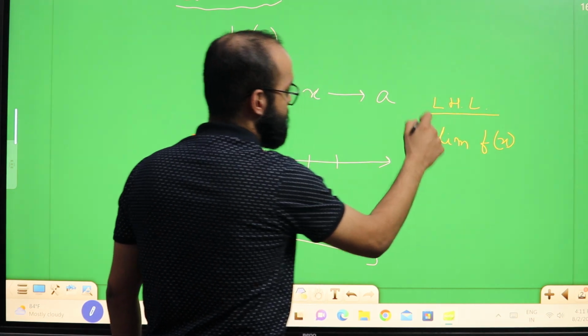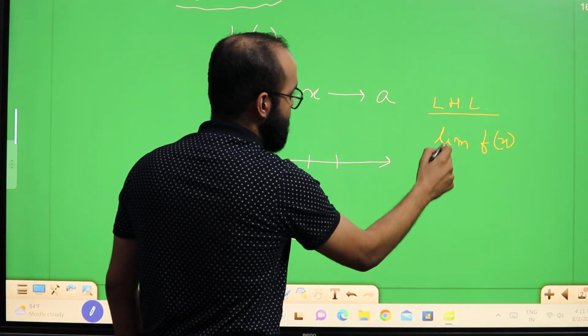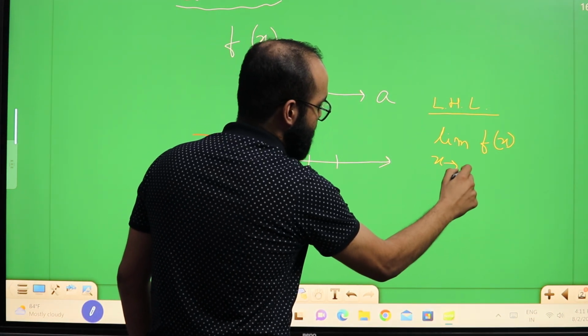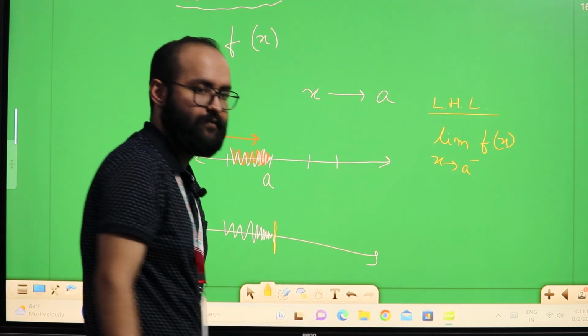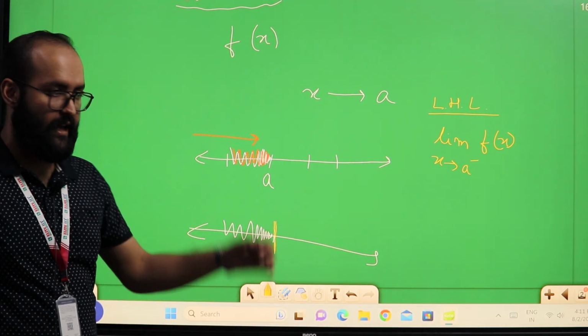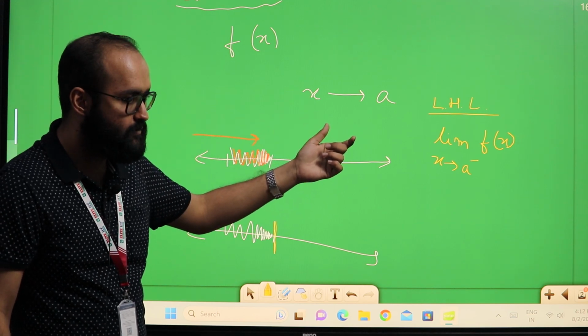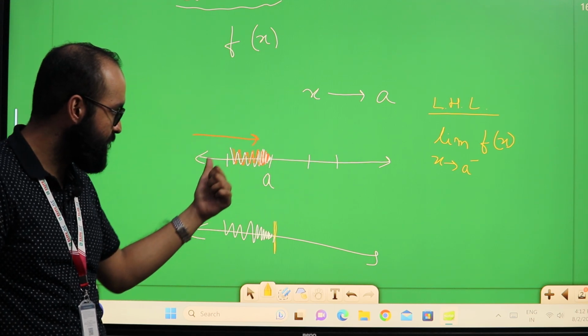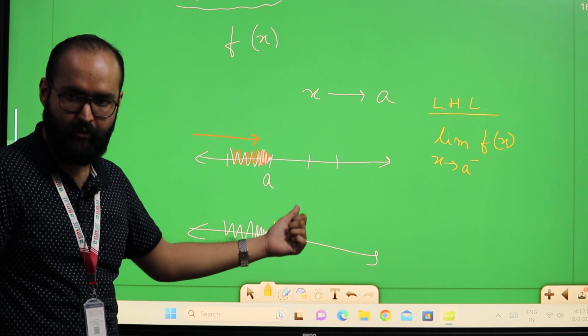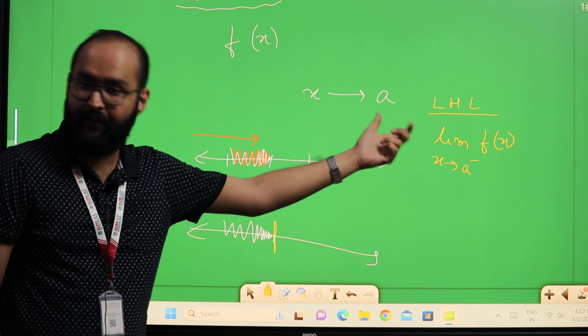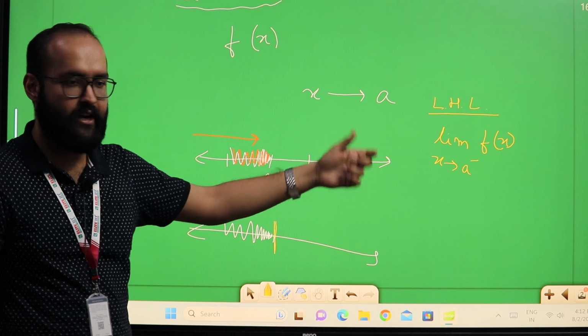We write it like this: limit x tends to a minus f(x). When x goes to a from the left side of a, then the function f(x) will also behave in a similar way towards a particular value. That value will be called the left hand limit of f(x), isn't it? And how do we write it?